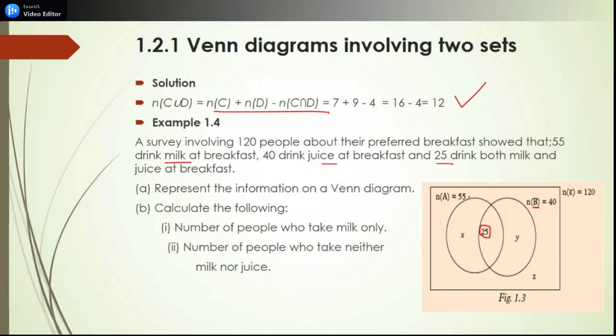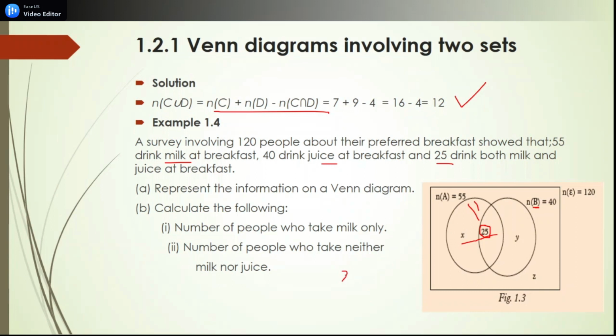So the total number of people who drink milk is X plus 25, because 25 is in both, and can be located in A or in B. When we add X and 25, we get the value equal to 55.